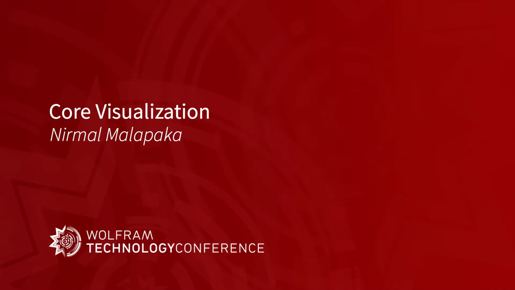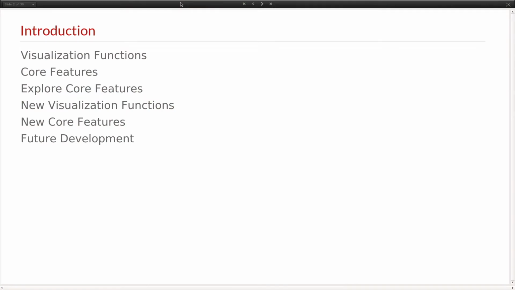In this talk, we'll take a look at some of the core features in visualization functions with a focus on some of the things that we've been working on more recently. So here is the overview of the talk.